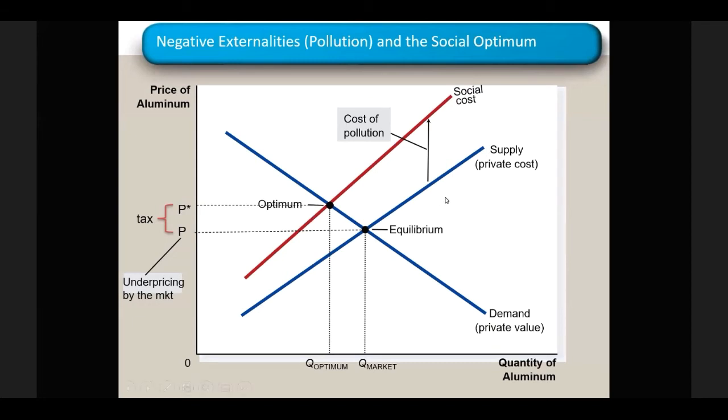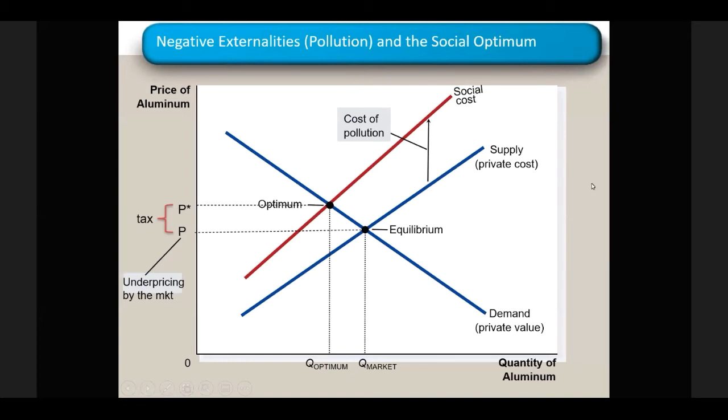And if that is factored into the cost structure, then we have the private cost moving to coincide with the social cost. And what we are charging here as the tax is simply the difference between private cost and social cost.